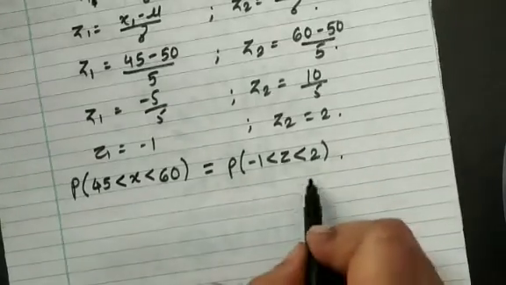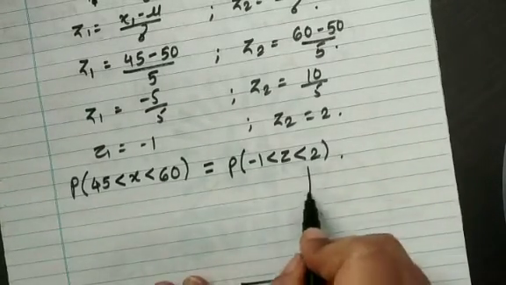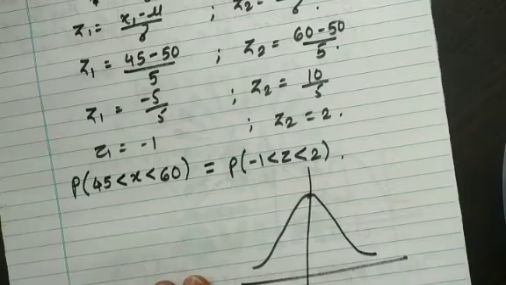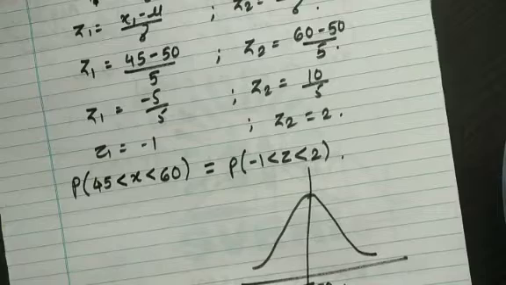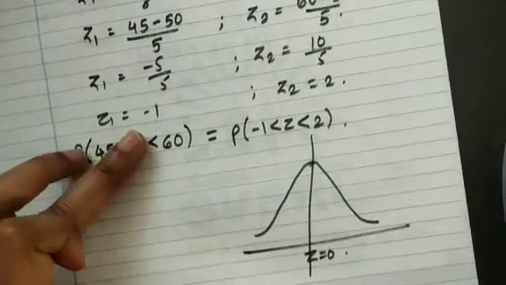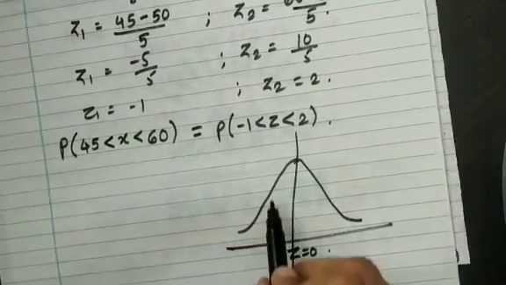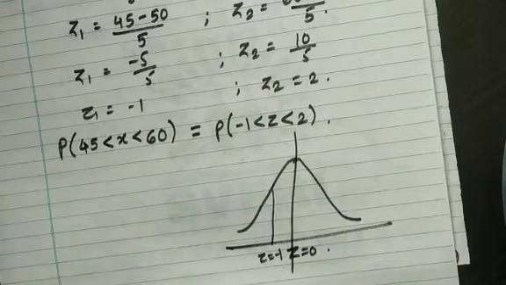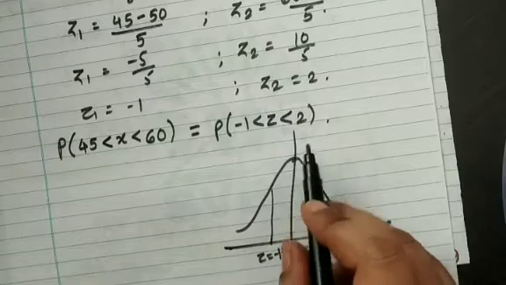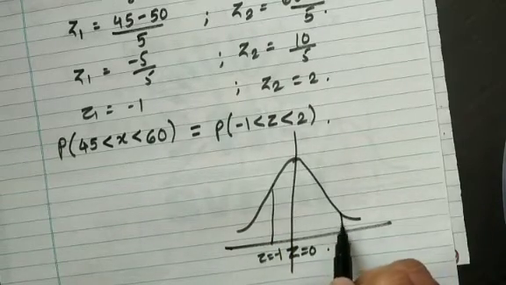Okay, then we will draw it on the curve. Sorry, here, it is z is 0. Try to understand this straight line. Okay, first is z is equal to minus 1, so it is on your left hand side somewhere here. Z is minus 1 and then z is 2. It is positive, so it is on your right hand side here somewhere.